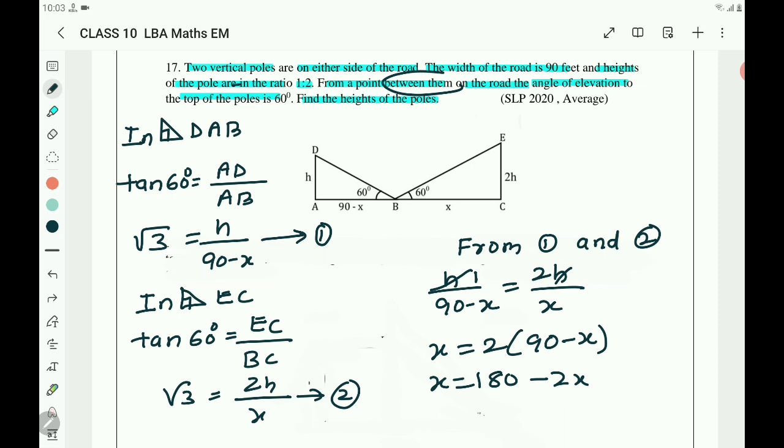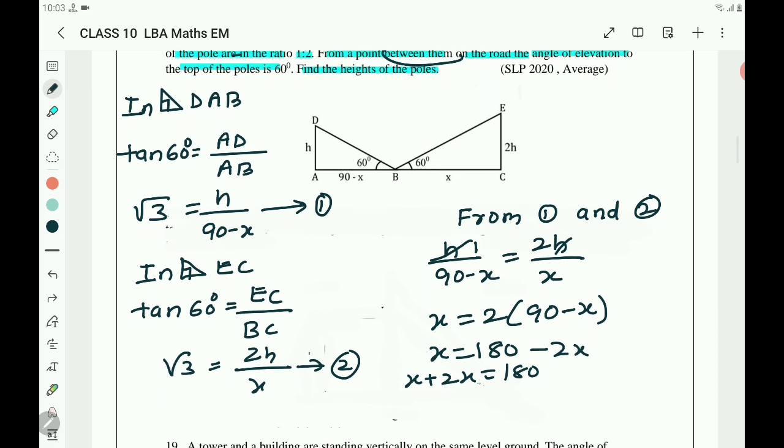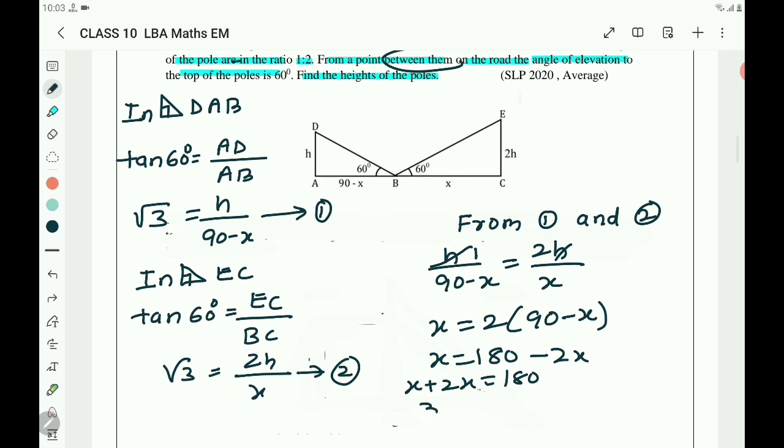It becomes x plus 2x equals 180, and x plus 2x is 3x. 3x equals 180. x equals 180 by 3, which equals 60. You got the value of x.